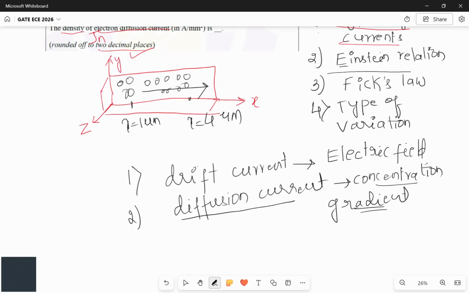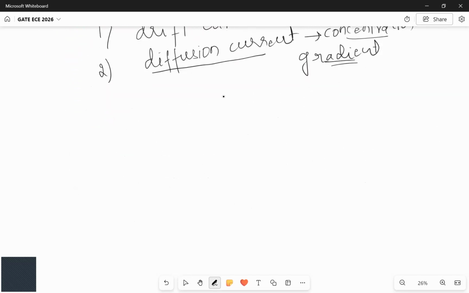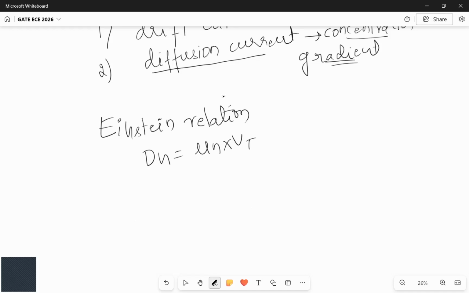The second concept is the Einstein relation. That will help us understand the relation between mobility, thermal voltage, and the diffusion coefficient. The Einstein relation is Dn equals mu n into Vt. This is the electron mobility, and this is the thermal voltage.